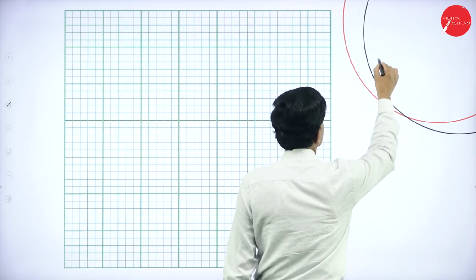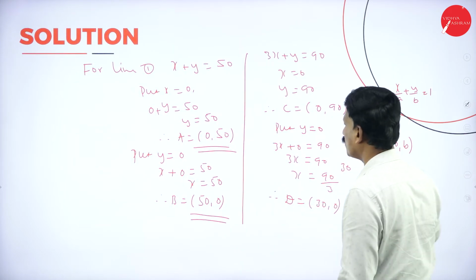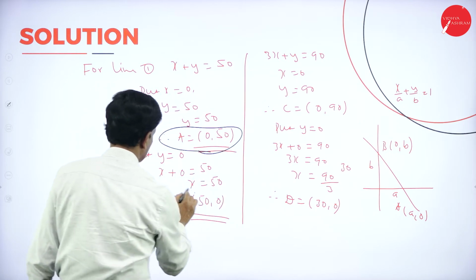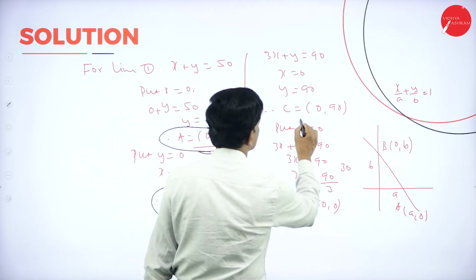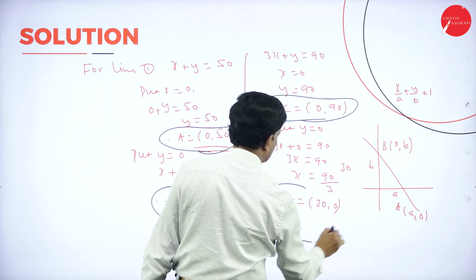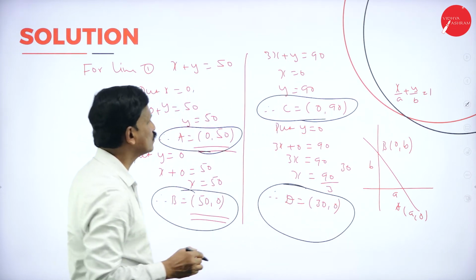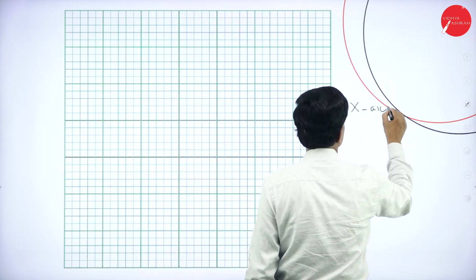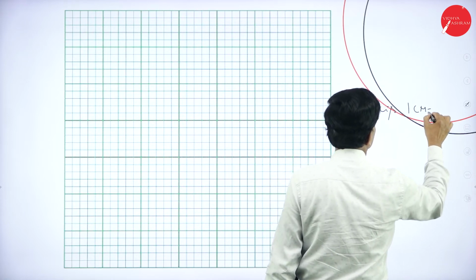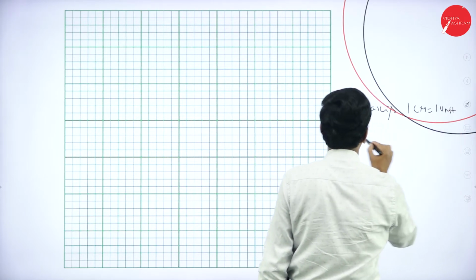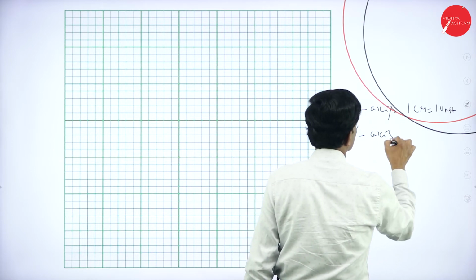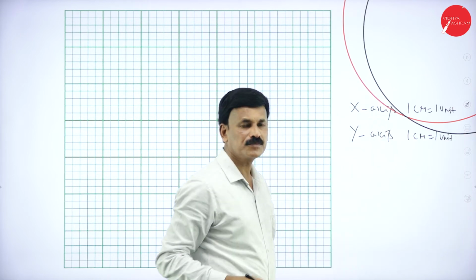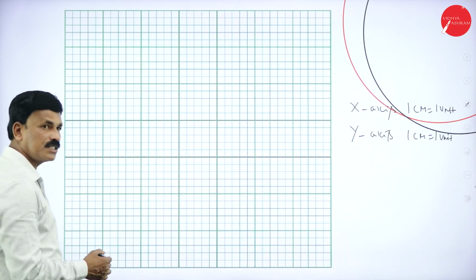Now, what are the points? A is 0, 50. B is 50, 0. C is 0, 90 and D is 30, 0. Now, let us consider the scale. On the x-axis, 1 centimeter is equal to 1 unit, and similarly on the y-axis, 1 centimeter is equal to 1 unit. Now, let us mark this as 10.